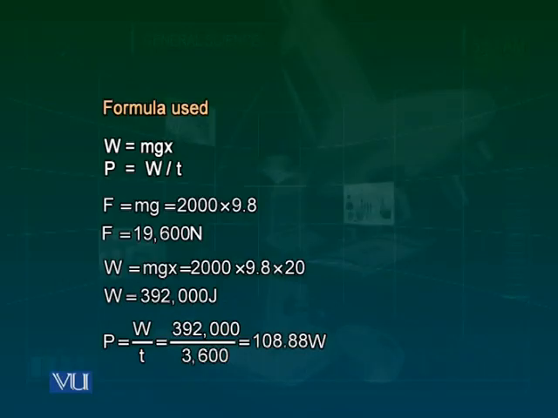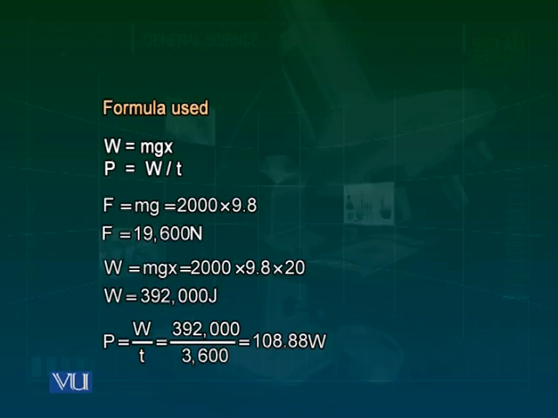The data which we have is the mass, 2000 kilograms. The force applied, of course, is going to be mg, which is 2000 multiplied by 9.8, giving you 19,600 newtons. The distance moved is 50 meters in the vertical direction, and the time taken, of course, is 1 hour, which is 3600 seconds.